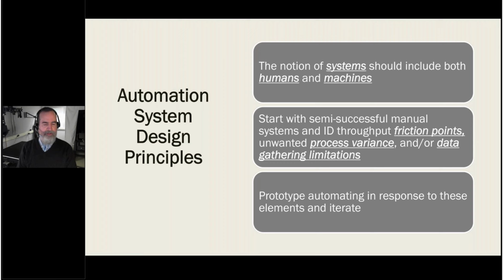From there, we normally start with either an established semi-successful manual system or prototype something new and then identify throughput friction points, unwanted process variance, and/or data gathering limitations. Finally, we begin to gradually automate workflow steps in response to these elements through prototypes and then continue to iterate, usually by incrementally swapping in programmable hardware and/or software efficiencies. I'll go into this further in the following slides.